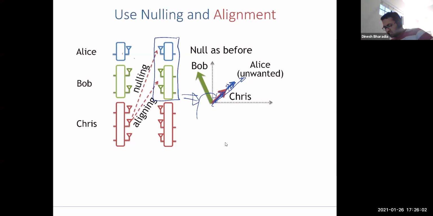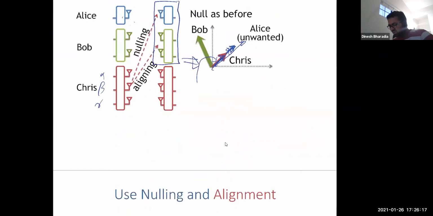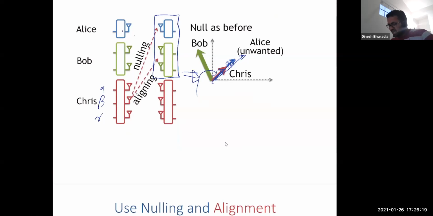But intuitively, this breaks down the alpha beta zero requirement. Let me show you with an example. If you could achieve this, then you have two equations, two variables, and you can suppress this interference and decode Bob. Everyone following?